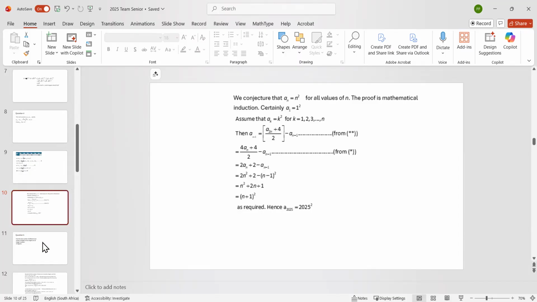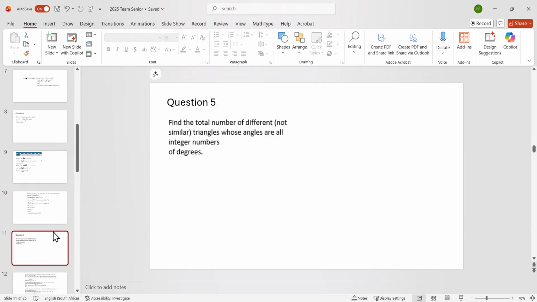All right, so question 5. Find the total number of different triangles whose angles are all integer numbers of degrees. Strange kind of a question. In fact, most of the time, when we work with triangles, we assume the angles are all integer: 30 degrees, 60 degrees, 45 degrees.